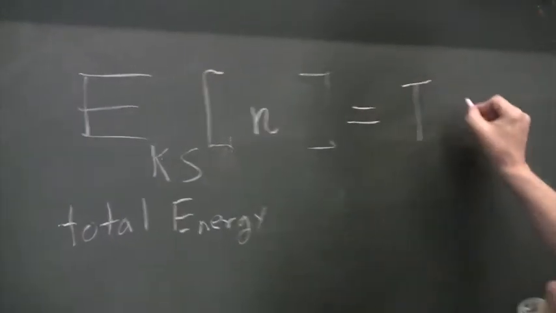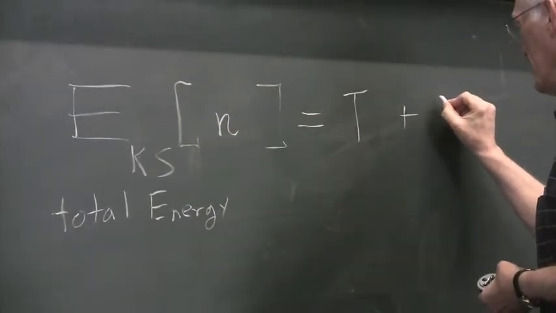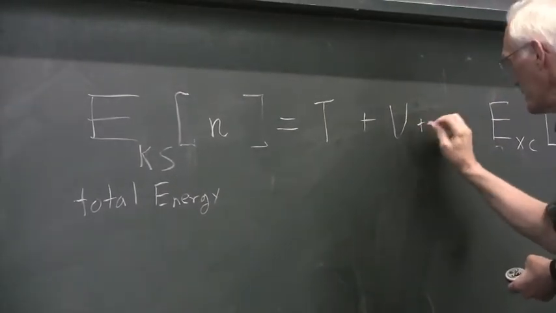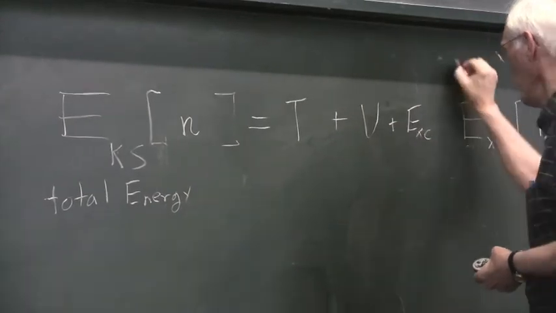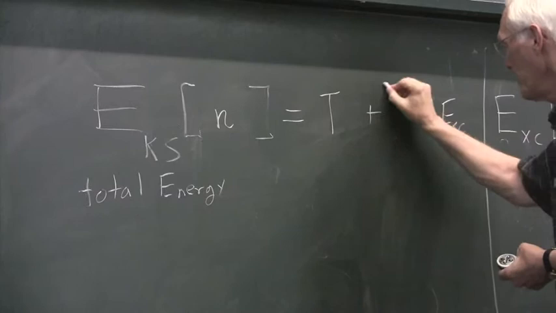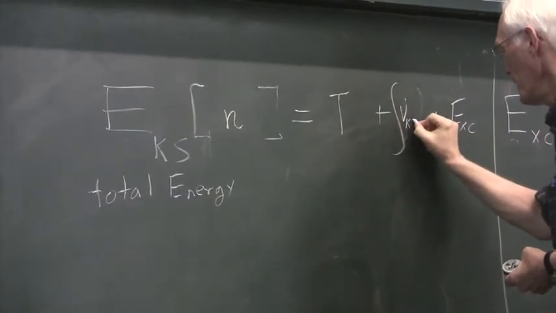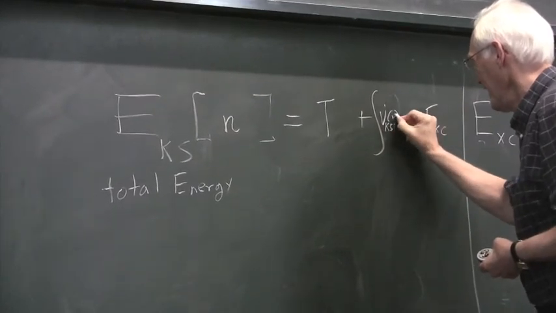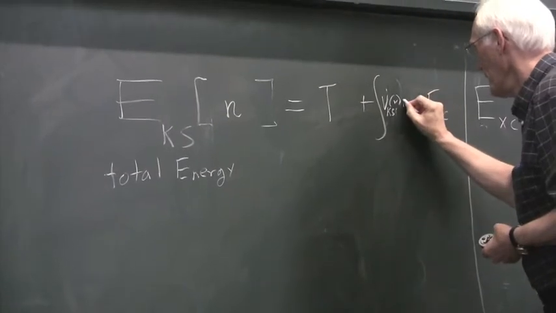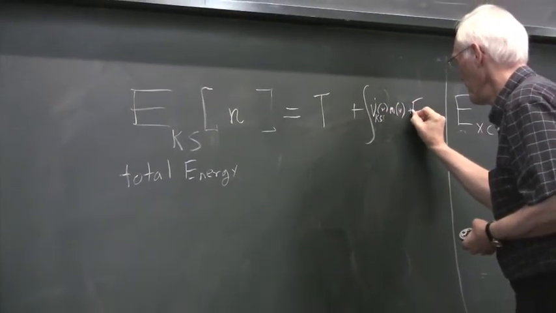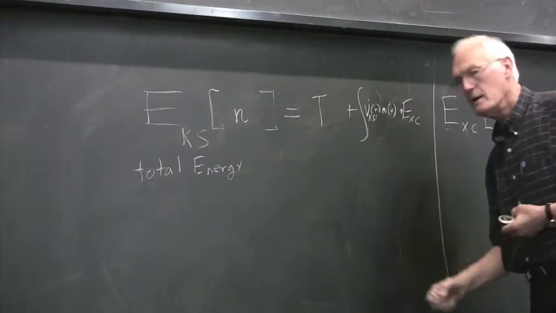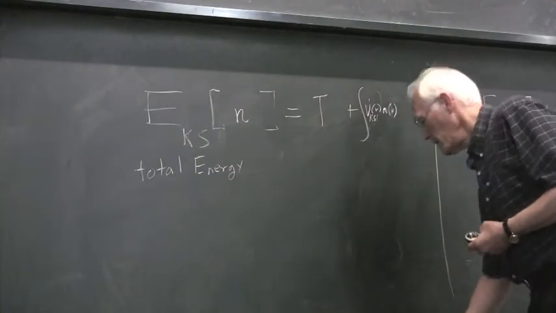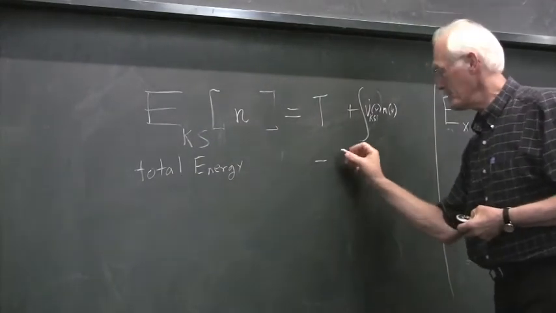Since this is equal to the kinetic energy plus the potential energy plus the integral of the Kohn-Sham potential times n of r. Have I missed anything? Yeah, I did, because you have to subtract the double counting terms.